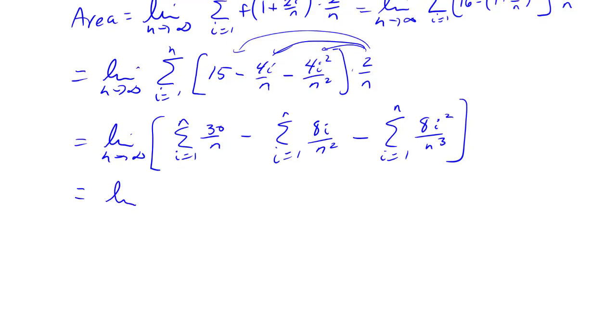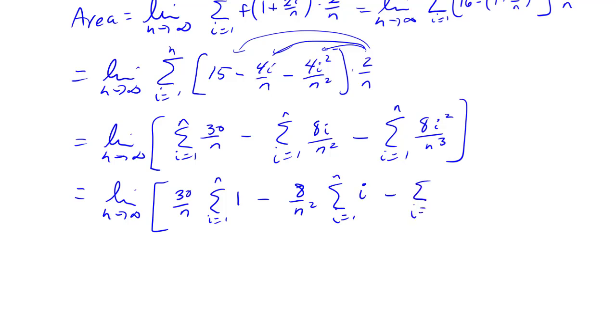Alright, so then once I have that, I know that I can take out constants, so 30 over n, sum i equals 1 to n times 1, minus 8 over n squared, sum i equals 1 to n of i, minus sum i equals 1 to n, take out the 8 over n cubed, sum i equals 1 to n of i squared.